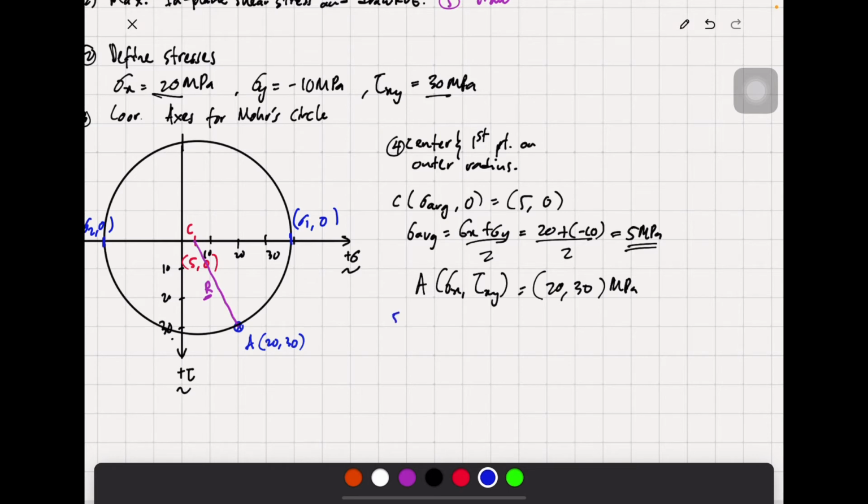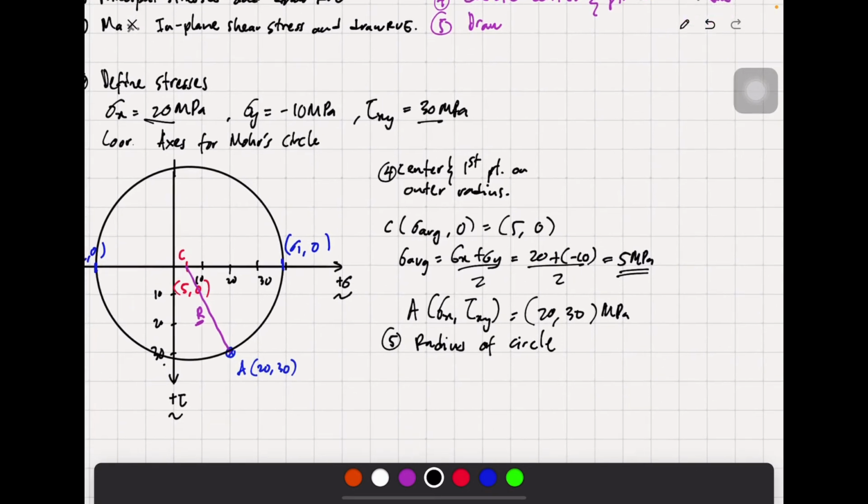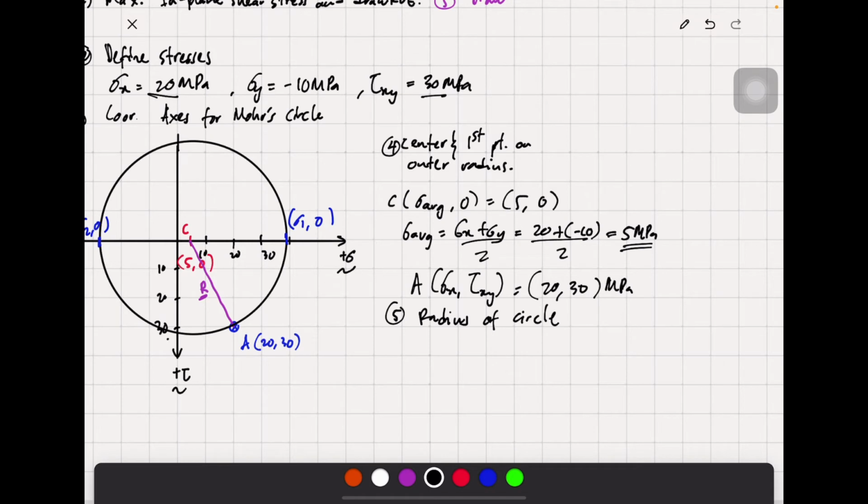Number 5 is our radius of the circle. To get our radius of the circle, R, which I've already located using the purple letter R, R is equal to the square root of 15 squared plus 30 squared.